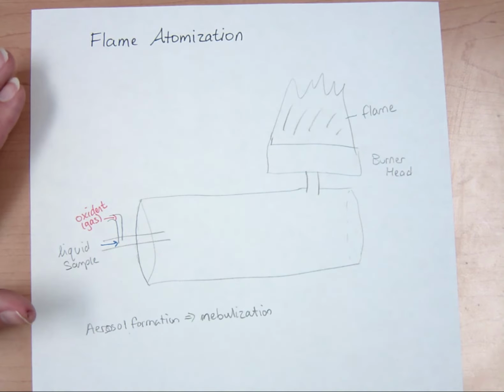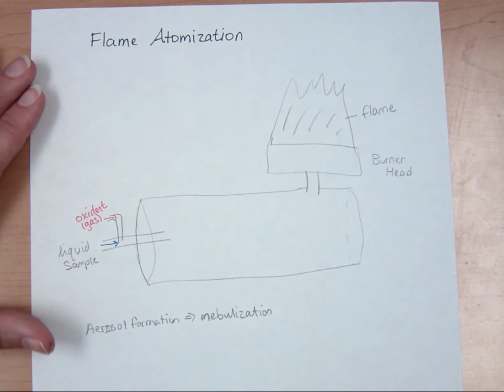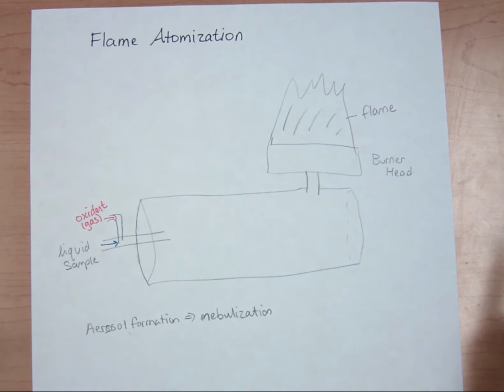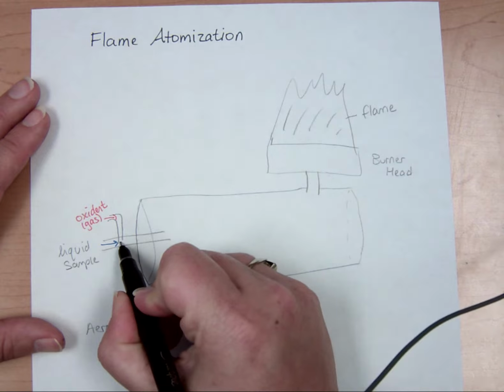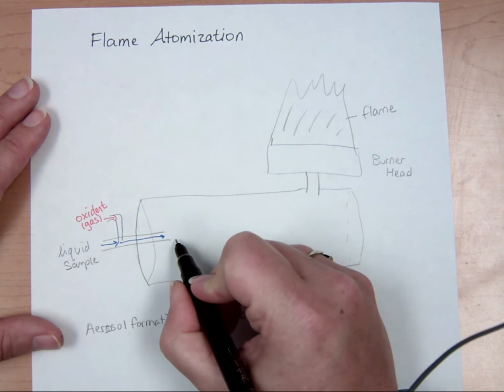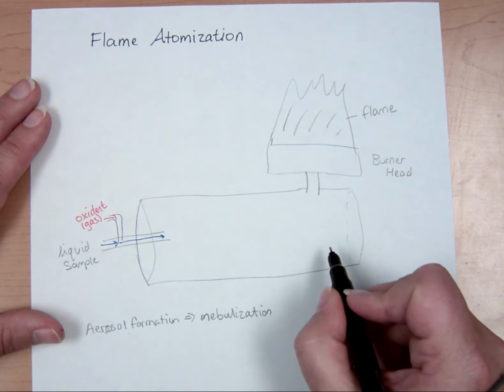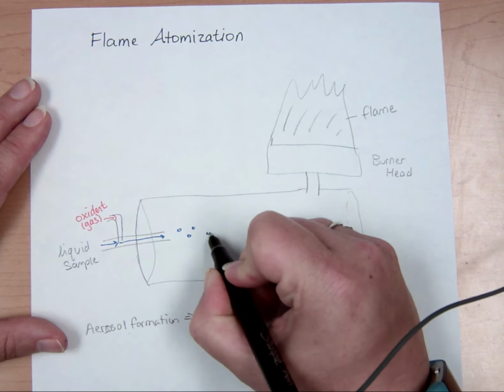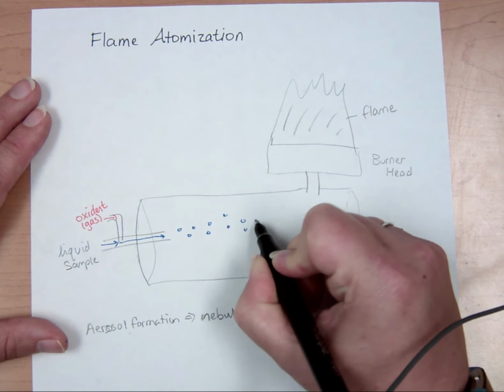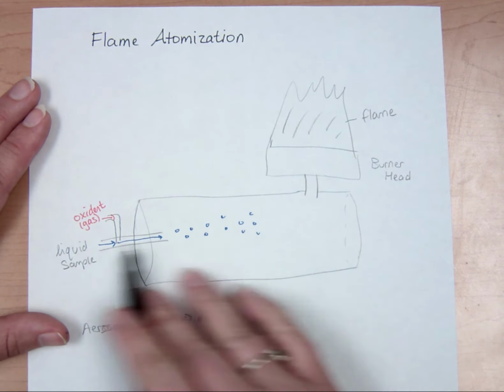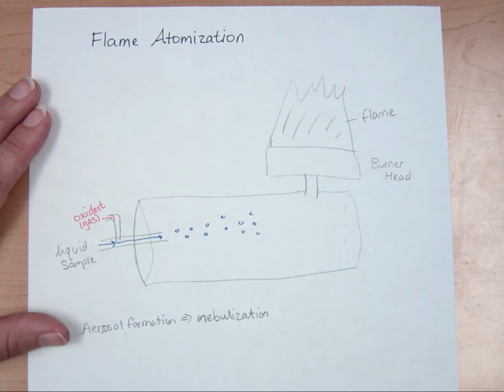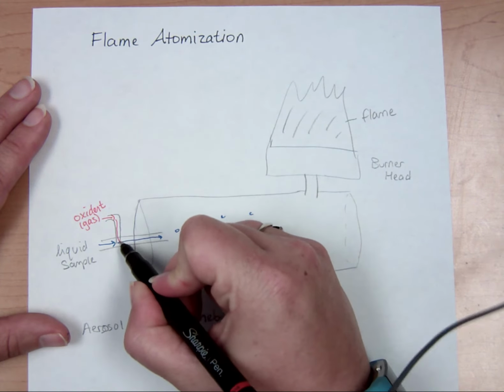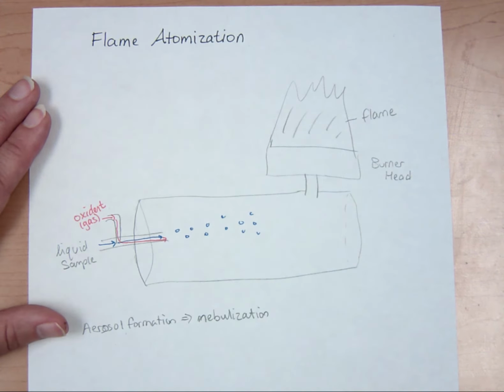So it's intermingling with our liquid sample, and as it's intermingling with it, it's going to start breaking it up into small little droplets, such that when our liquid comes out of this tube into our little container here, we now have these little tiny droplets. And that's what we want. And they're in this gas stream that's flowing from our oxidant here. We're getting a gas flow into the chamber here.